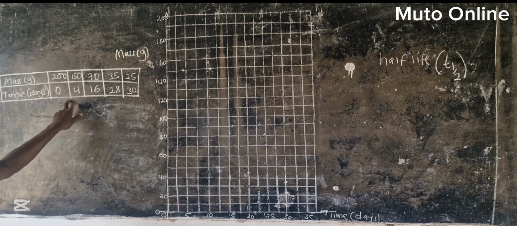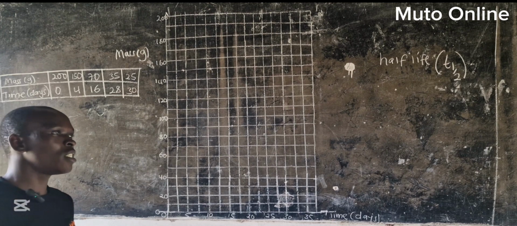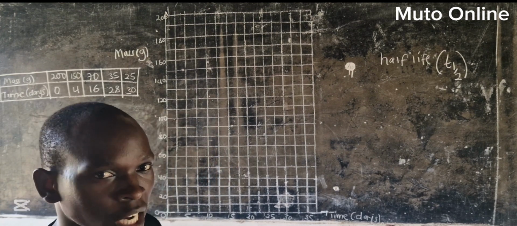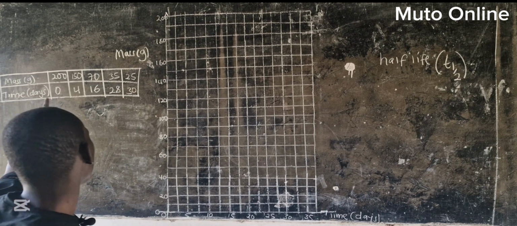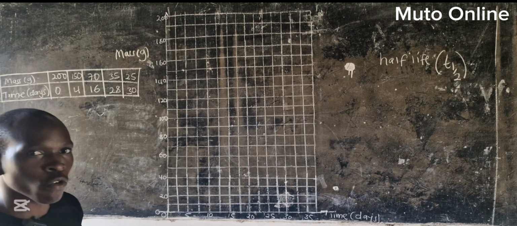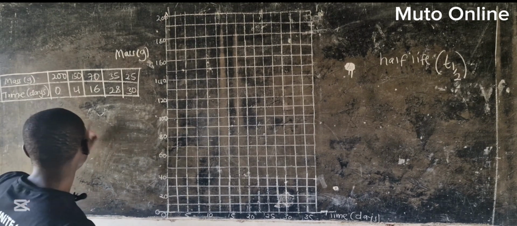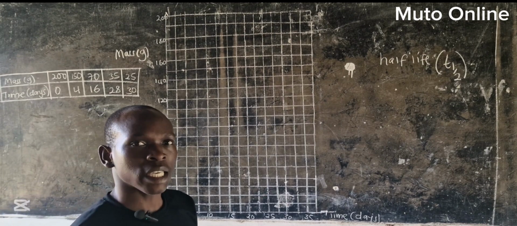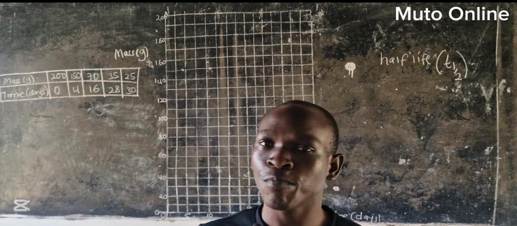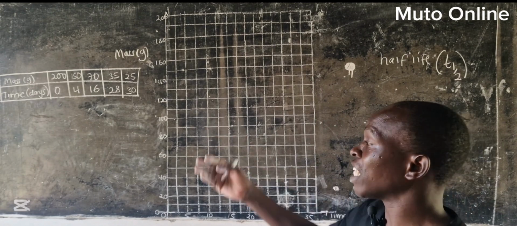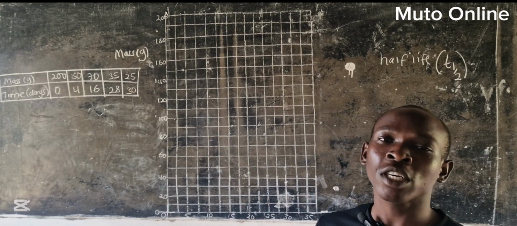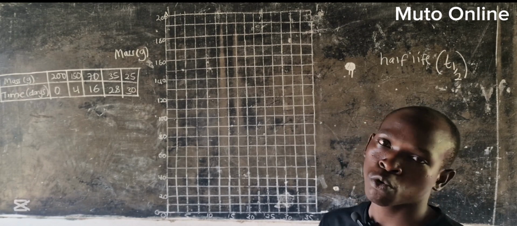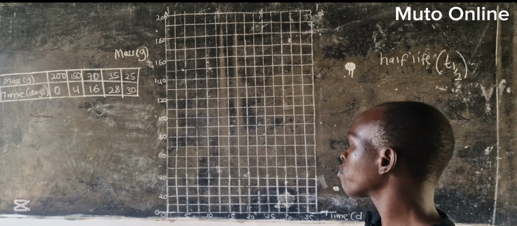So before this mineral disintegrated to release the alpha, gamma, and beta particles, its original mass was 200 when time was 0 days. So I can now start plotting. But before you plot, you have to get a suitable scale that can accommodate all the data given and use that scale appropriately.